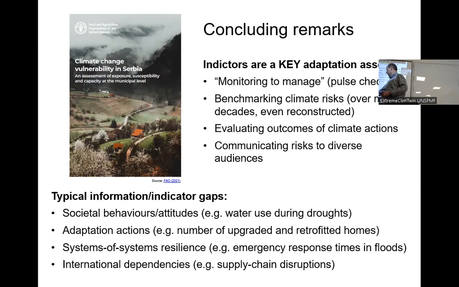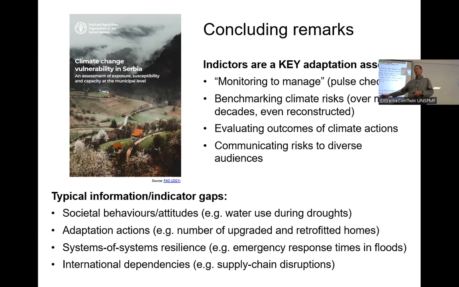And finally, the pandemic has taught us internationally how vulnerable supply chains can be to all sorts of factors, including climate disruption. And this is an area again where the vulnerability will depend very much on the national circumstances.